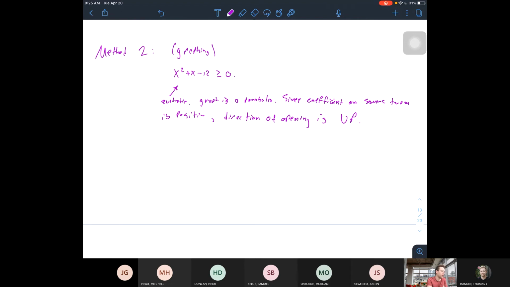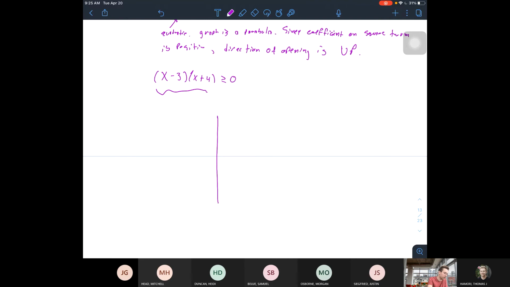So just like how Heidi was saying, we can solve for the zeros of this expression. We can factor it: x minus 3 and x plus 4 is larger than or equal to 0. And then we can look at the graph of this function.